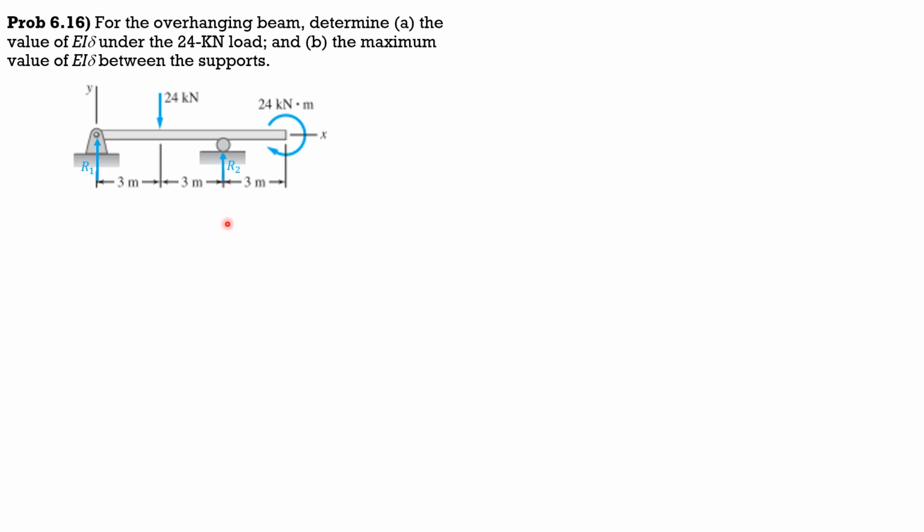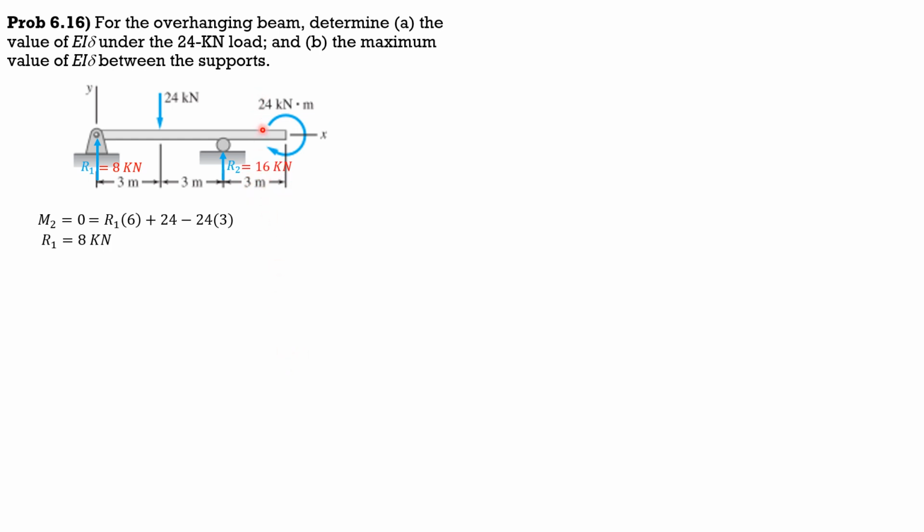R1, that's R2. Moment at 2 is 0, equals R1 times 6 plus 24 minus 24 times 3. So R sub 1 is equal to 8 kilonewtons. Summation of forces in Y: if that is 8, then R2 should be 24 minus 8, so 16. So put the reactions, R sub 2 is 16.